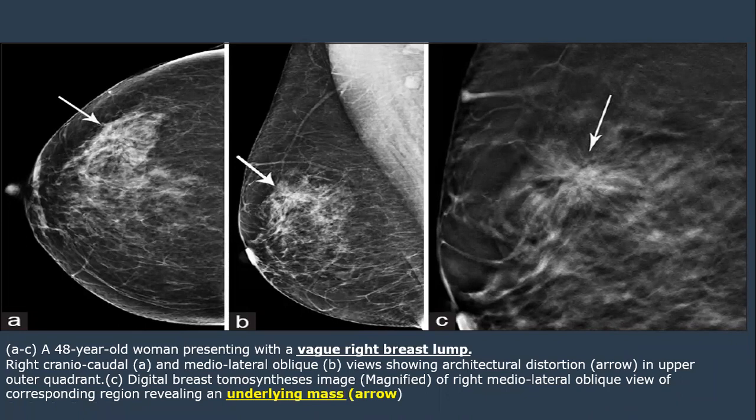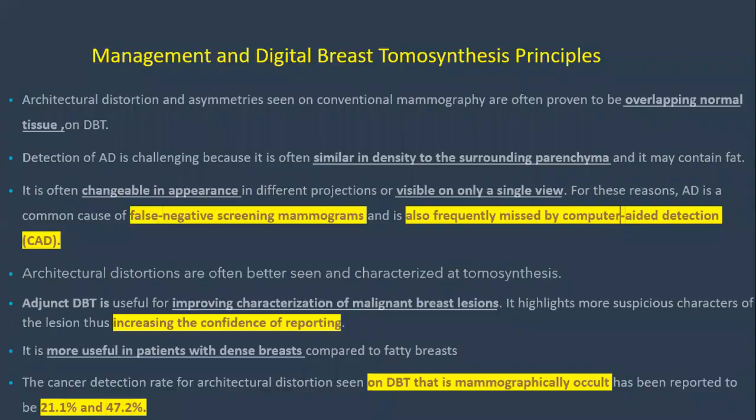Okay, so regarding management and digital breast tomosynthesis principles, sometimes architectural distortion seen on conventional mammography might be seen on digital tomosynthesis as just overlapping normal tissue structures. However, tomosynthesis is more sensitive in detecting architectural distortion not seen by 2D mammography.